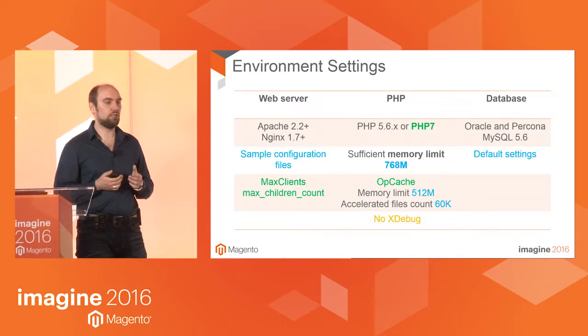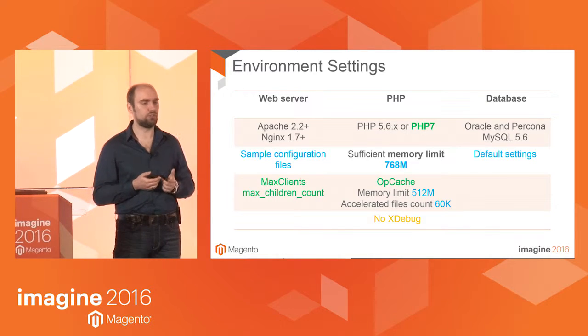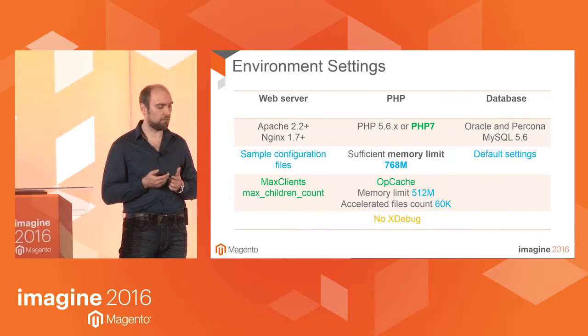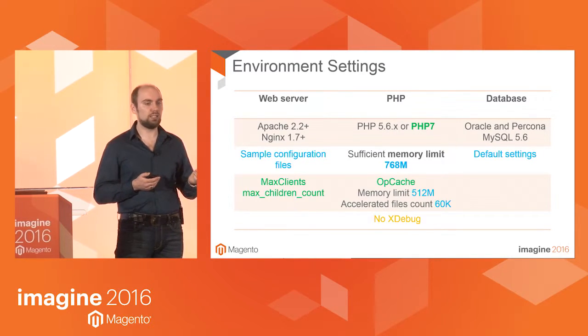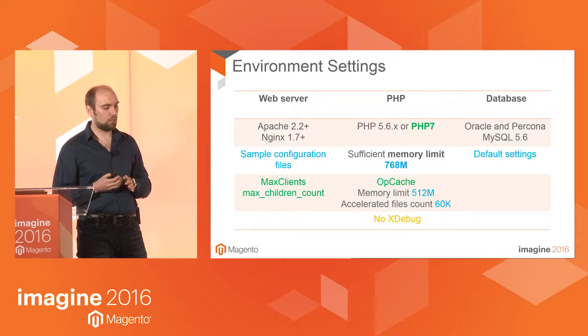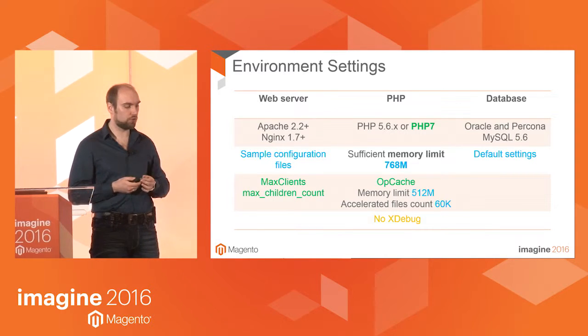The only thing that you need to manage yourself in terms of web server is the max clients setting in case you run Apache with mod_perf, or the max children count in case you run Nginx with PHP-FPM. This identifies how many processes will be created to serve your requests. So this one should be tuned based on the expected load in your store. The rest is pre-configured in sample configuration files.